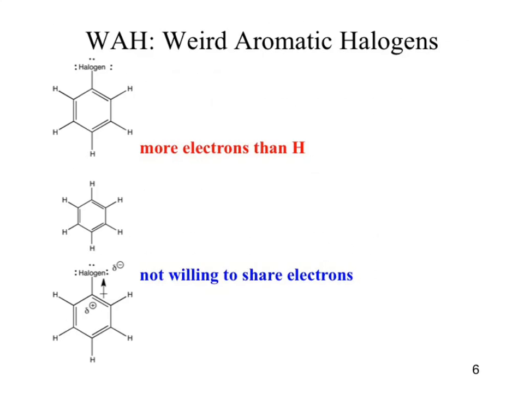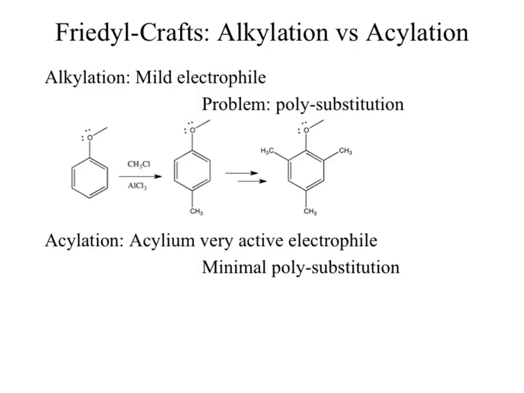Oh, remember, did I provide the structure? I did not provide the structure, so let's try that again. We'll run the exact same reaction, exact same starting material, except now, as my reagent, I'm going to go through and use this guy. What's my product?